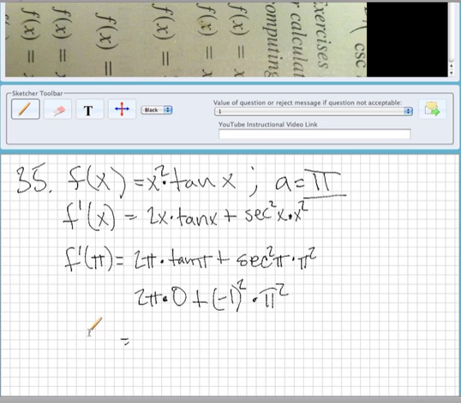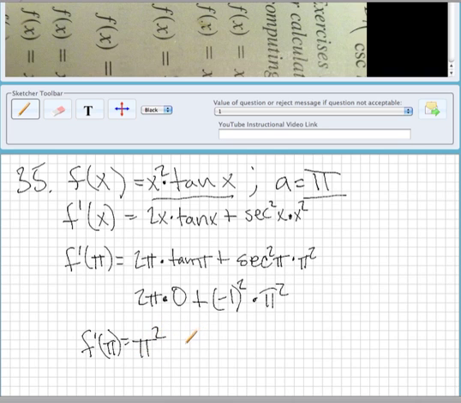And finally, at pi, the derivative, or the output, or the slope of the tangent line of this curve right here, is going to be pi squared.